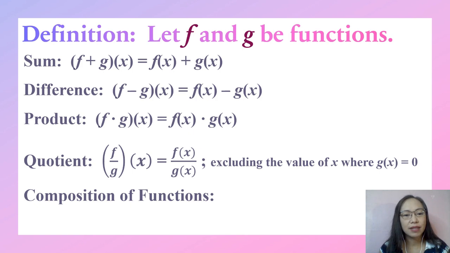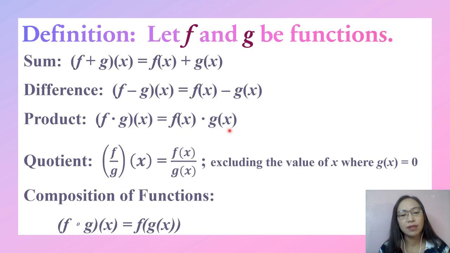We have this symbol, the dot symbol, which means multiplication. f times g of x equals f of x times g of x. And then for the quotient, we have f over g of x, or f divided by g of x, equals f of x divided by g of x.